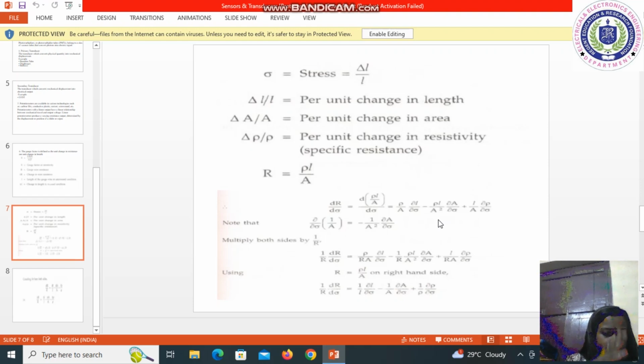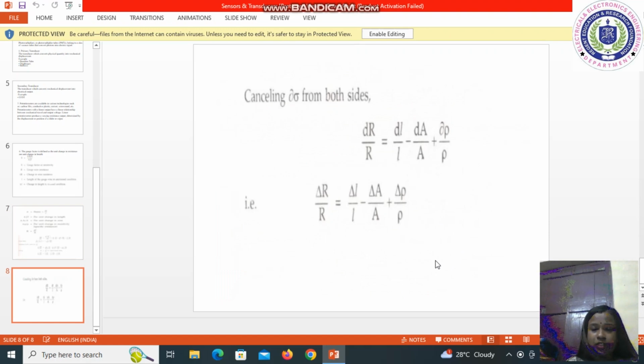Cancelling del sigma from both sides, dR by R is equal to dL by L minus dA by A plus d rho by rho, that is del R by R is equal to del L by L minus del A by A plus del rho by rho. So this is the final expression.